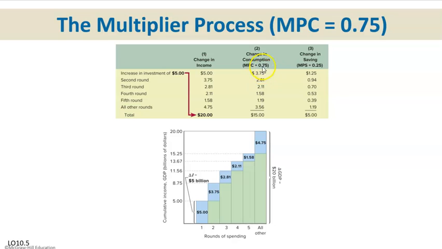So if the MPC is 0.75, it means that they're going to go out and spend 75% of it, and 25% of it they're going to save. So of that $5 increase in income, they're going to go spend $3.75.